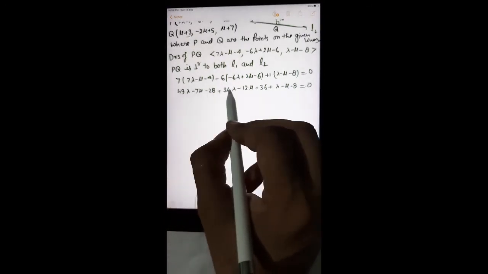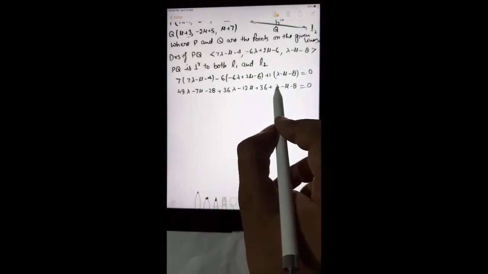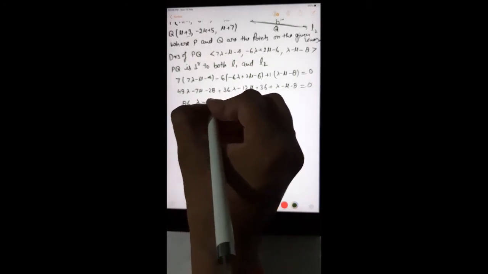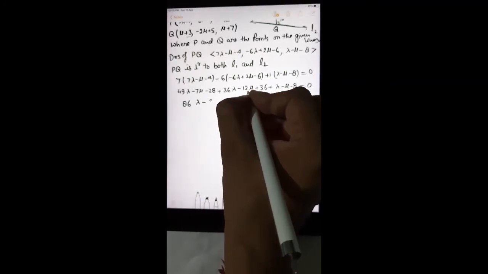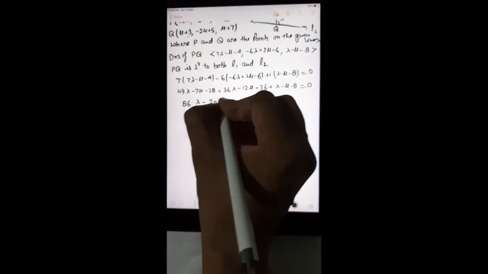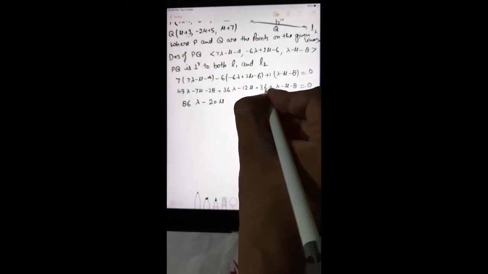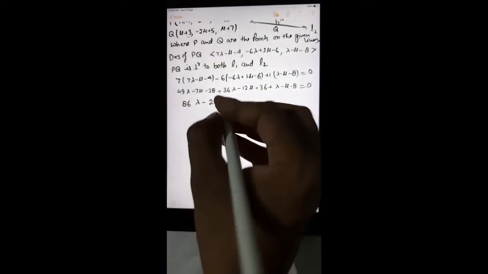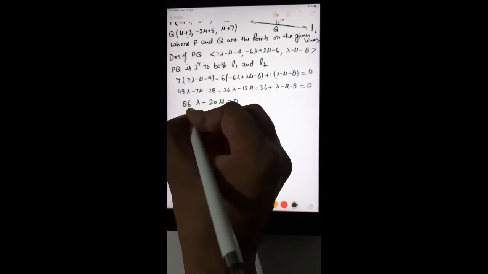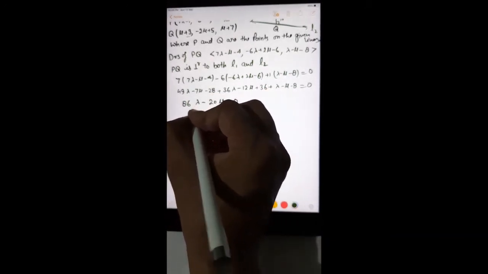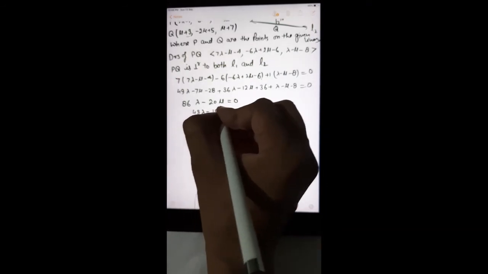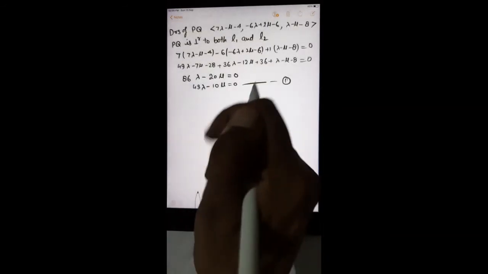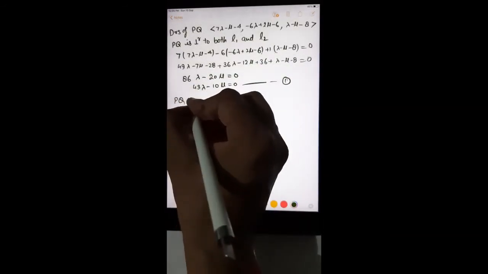So 49 plus 36 and plus 1, that is 86 lambda minus 7 plus 12 is 19 plus 1 is 20 mu, and this is 28 and 36, that is 8, is 0. So both numbers are divisible by 2. We get 43 lambda minus 10 mu is equals to 0. Take equation number 1.